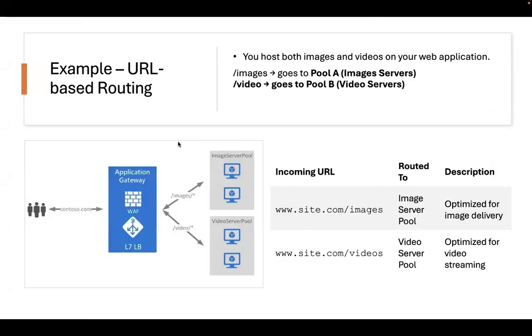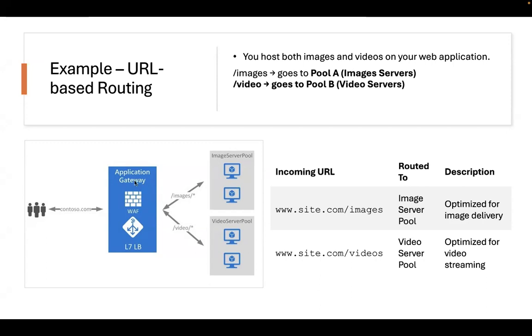So how does it work? In this example, someone is trying to access contoso.com. The request goes through the application gateway, which has a front end IP, one public IP, that contoso.com is hitting. The application gateway has two backend pools. The first backend pool is the image server pool. The second is the video server pool.